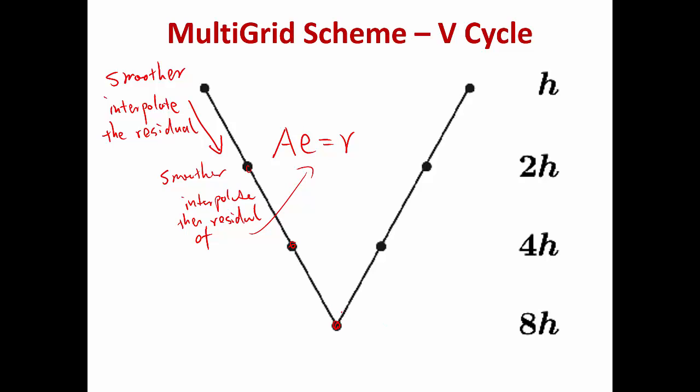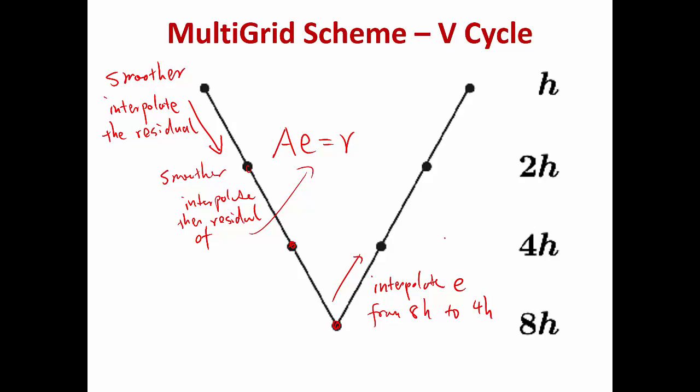So we interpolate the error, the solution of the error equation. So we interpolate E from 8H to 4H.